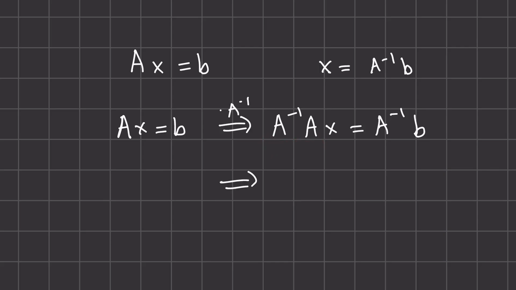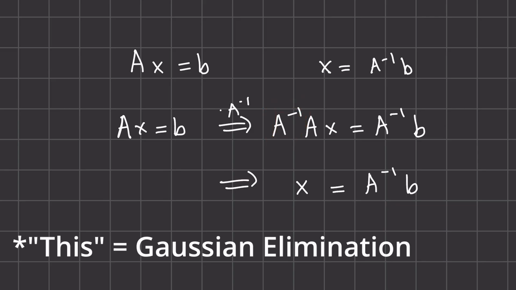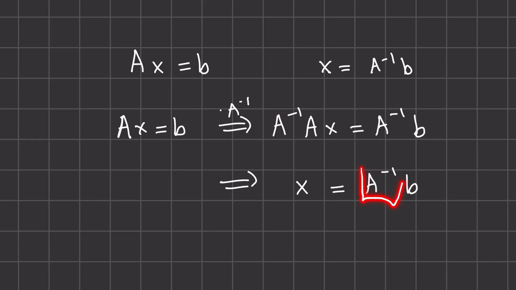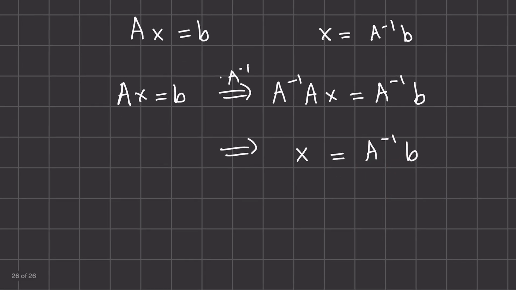So we straight up get our result x equals the inverse of A times b. So I've mentioned the Gaussian elimination method of solving this or getting our x. But if we know the inverse of A, we do not need to do this, but we can just do this simple matrix multiplication and we immediately know our result. And this result then being the solution for our linear equations.